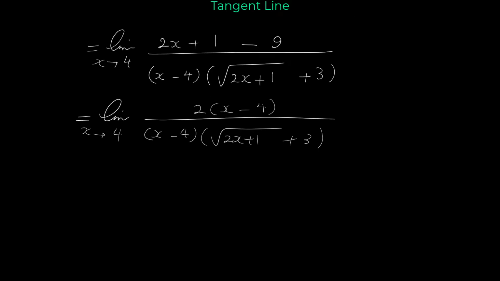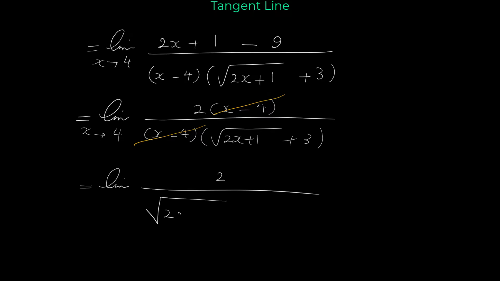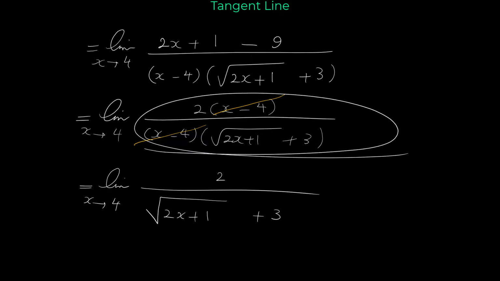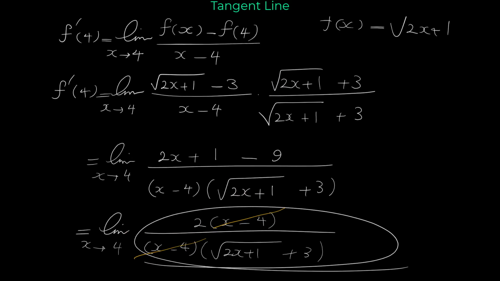Now if you cancel the common term between numerator and denominator, we get 2 over radical 2x plus 1 plus 3 as x approaches 4. This cancellation almost always happens in the definition of derivative.